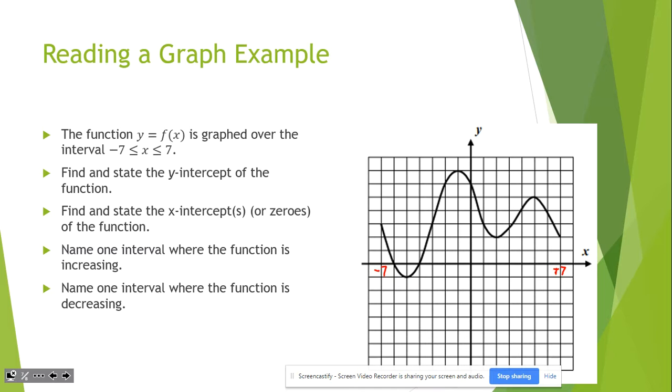I want you to find and state the y-intercept, find and state the x-intercept or intercepts if you see more than one. Name one interval where the function is increasing, and then name one interval where the function is decreasing. Pause the video at this point to give yourself a chance to try it on your own.